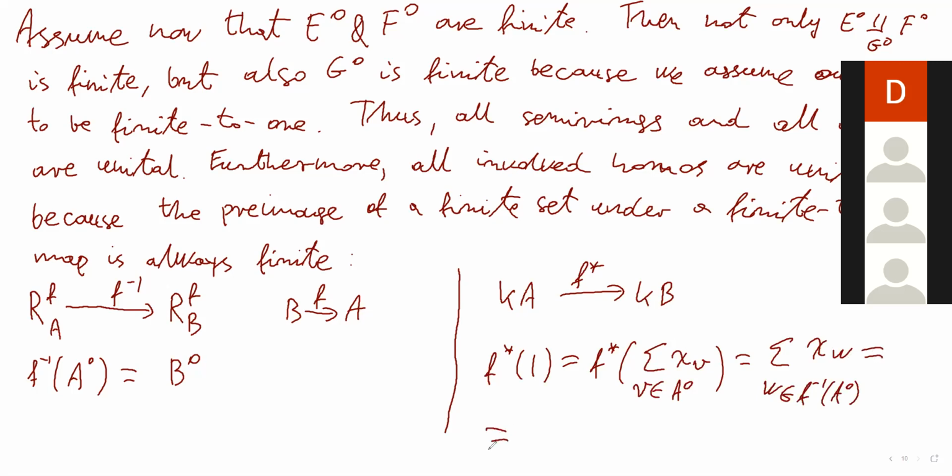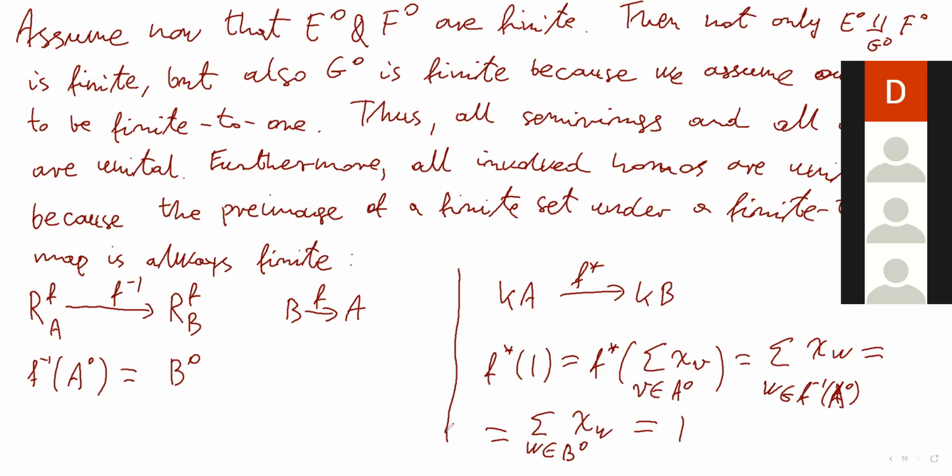But of course, this is the same as the sum over w's running over b0 of chi w. And now this is 1 in my path algebra KB. We did this calculation already, but I just repeat it.